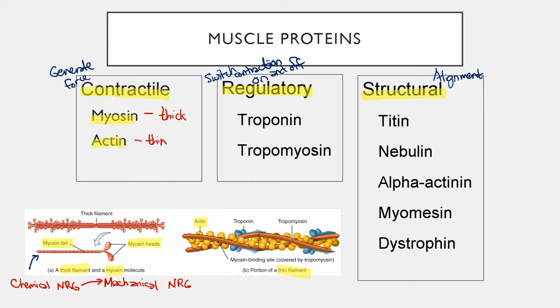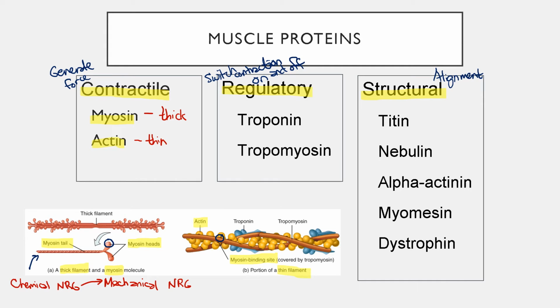On each actin molecule is a myosin binding site. It's this little black dot on the yellow actin balls here, and this is going to be the part where a myosin head can attach. So these parts are going to attach to these little black dots, which are the myosin binding sites on actin. So those are our contractile proteins.